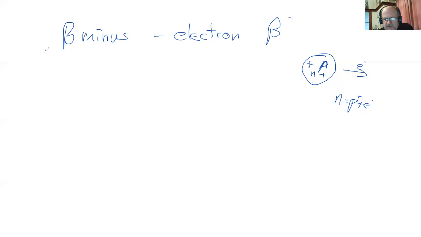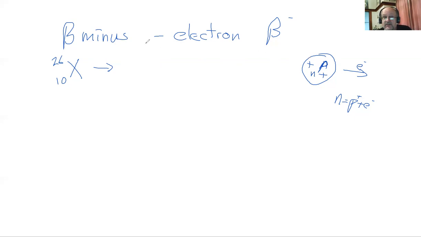So if we have a mystery element, let's just make up a mystery element 26, 10, for example. This is not a real element, it's just being made up. If it does a beta decay, you'll notice that the neutron changes into a proton.